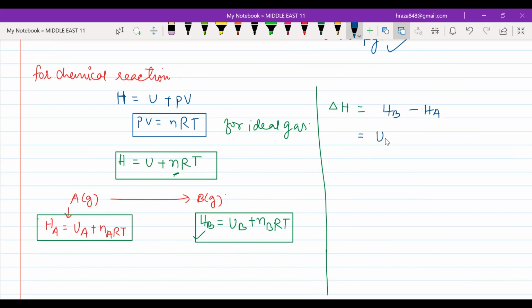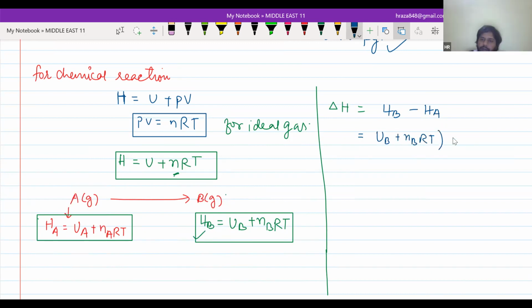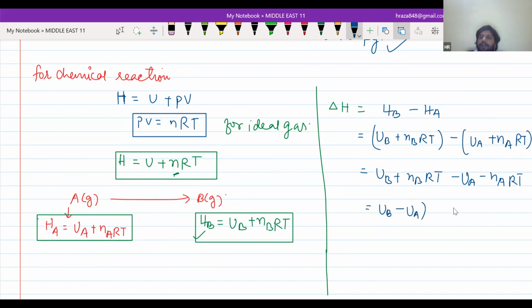That is UB plus nB RT. And HA is UA plus nA RT. Now I can write UB plus nB RT minus UA minus nA RT. You can also write UB final internal energy minus UA initial internal energy.